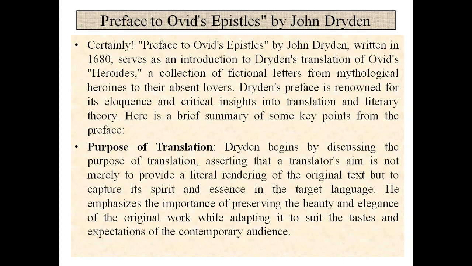It was written in 1680. And it serves as an introduction to Dryden's translation of Ovid's Heroids, right? So it is a collection of fictional letters from mythological heroines to their absent lovers.